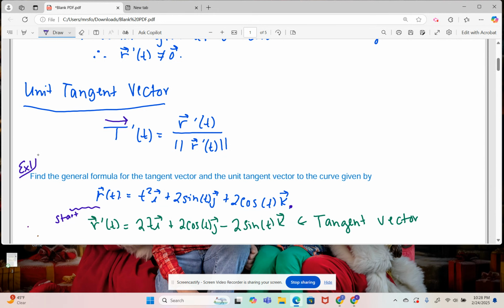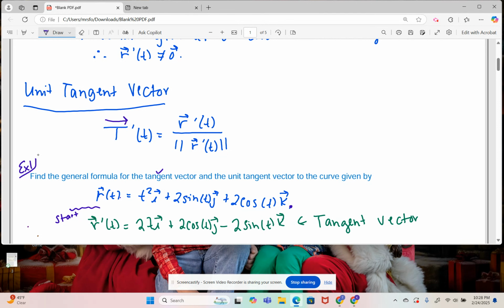The derivative of t squared is 2t. The derivative of 2 sine t is 2 cosine t. The derivative of 2 cosine t is minus 2 sine t. And so this right here is the general formula for the tangent vector.